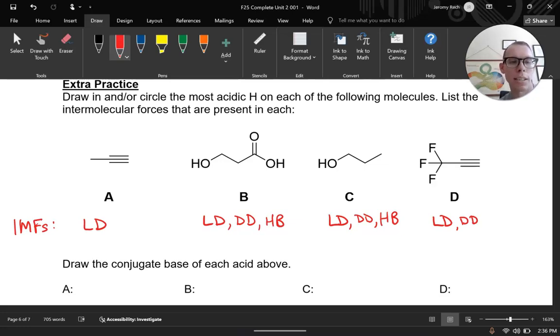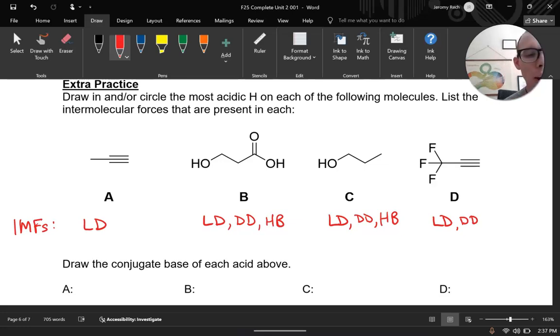Now let's go ahead and try to figure out what is going to be our most acidic H. What would we abstract as a proton? So let's go and start with A. For A, the first thing I want to look at is, do I have any non-carbon stuff? And I don't. So that means I'm going to have to choose one of the hydrogens that are on my carbons. And for that, I'm now going to think a little bit more about my hybridization.